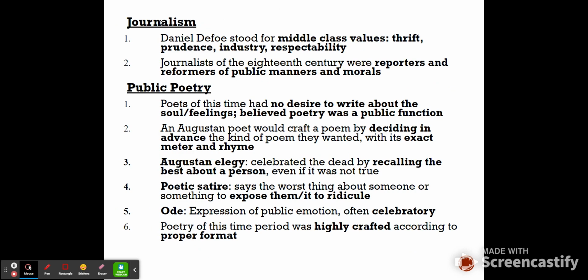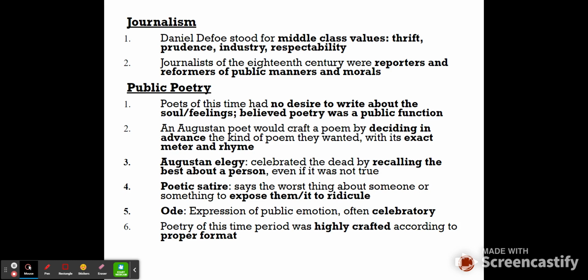All right, journalism also really comes into its own at this time. Newspapers become a big thing, and some of the newspaper writers and journalists would also point out problems in society. Daniel Defoe, better known probably today for his book Robinson Crusoe, was at that time known at least as much for being a journalist and newspaper writer, and he would point out things that were conflicting with his values.